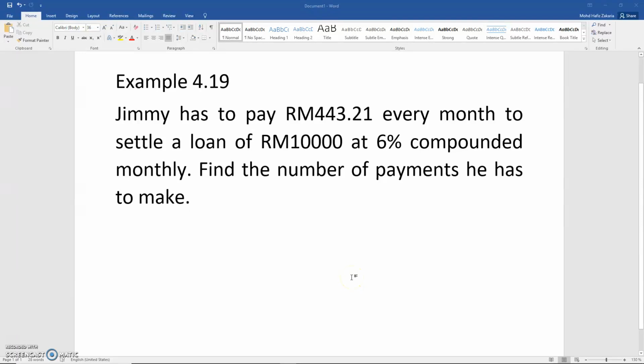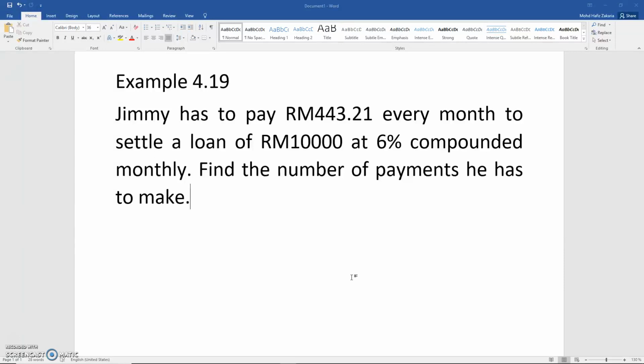Example 4.19. Jimmy has to pay 442 ringgit and 21 cents every month to settle a loan of 10,000 at 6% compounded monthly. Find the number of payments he has to make.